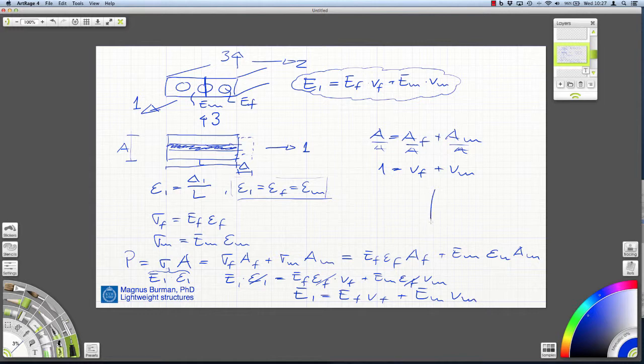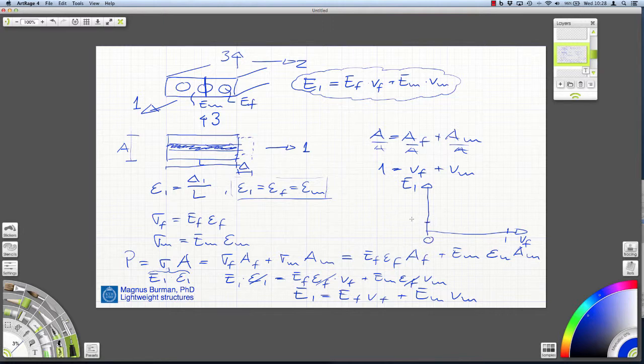So of course you see that we arrived at the equation that we were looking for. If we now look at a diagram, E1 over the volume fraction of fiber, here we have 100% fiber, and here there is no fiber, it's only matrix.